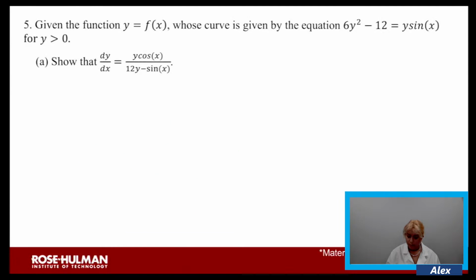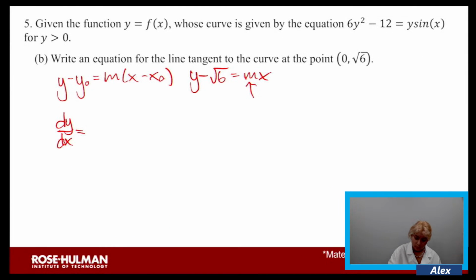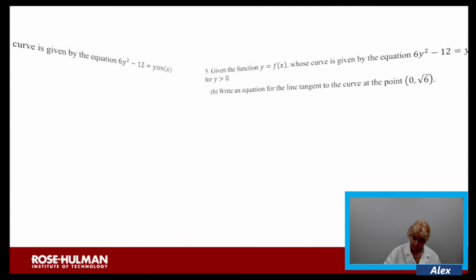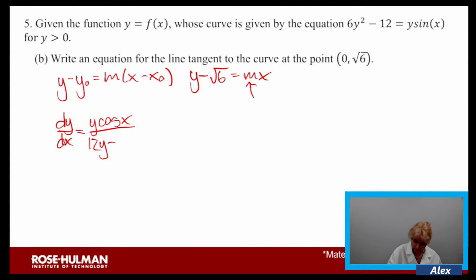So y cosine x over 12y minus sine x. We plug in our x's and our y's, and that gives us root 6 times cosine of 0 over 12 times root 6 minus sine of 0.